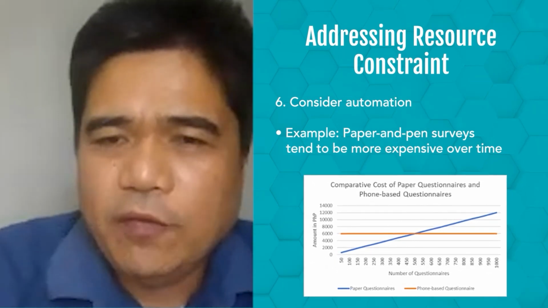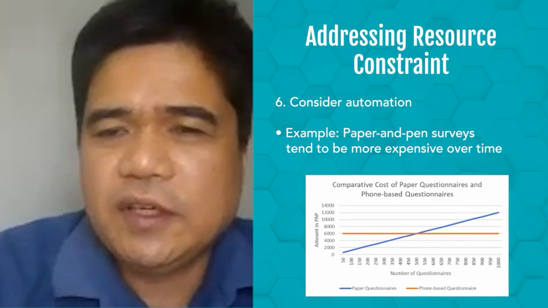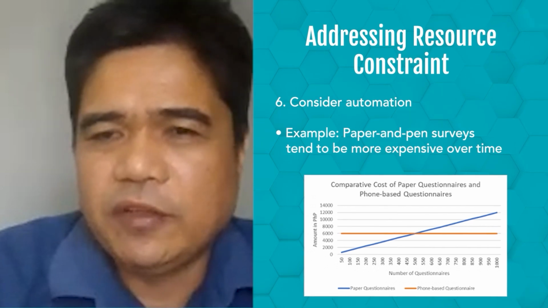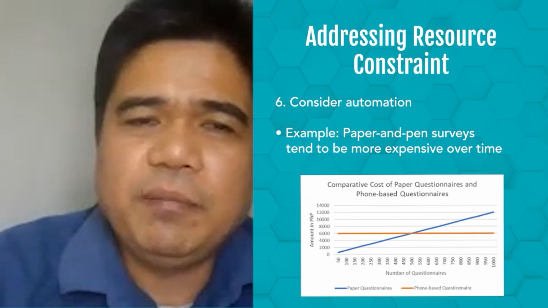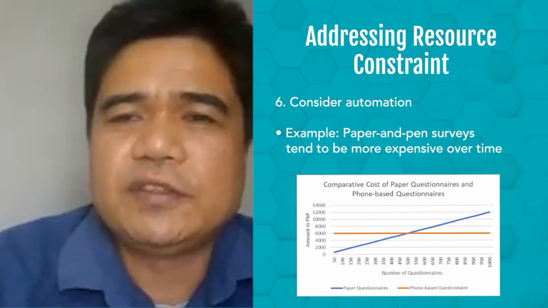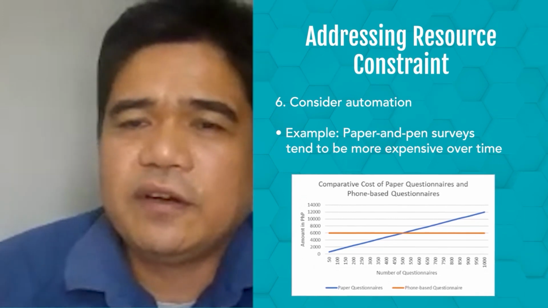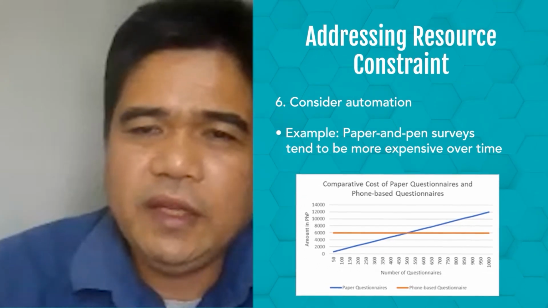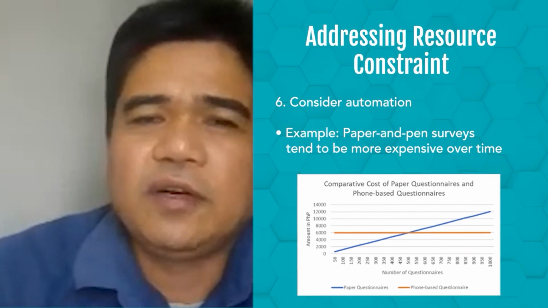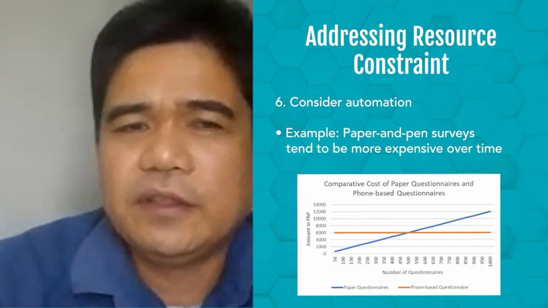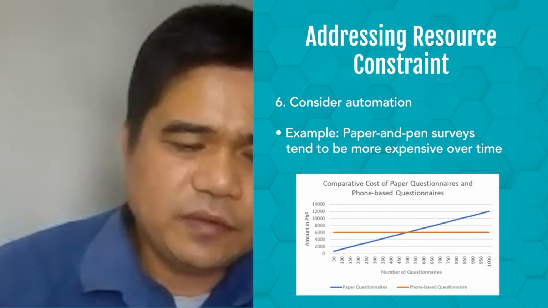So over time, with respondents reaching 500, the phone-based questionnaire and the paper-based questionnaire are equal. And when the number of respondents increased above 500, the paper questionnaires become more expensive.